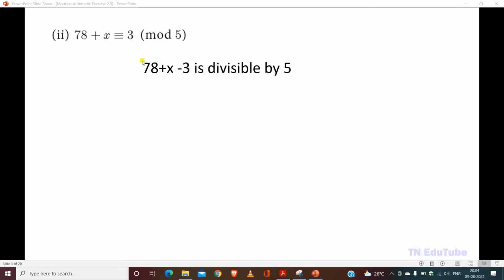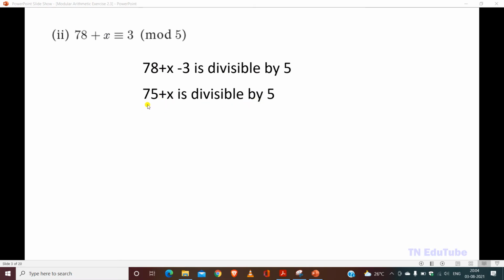The next question: 78 plus x is congruent to 3 mod 5. Here also you have to find the value of x satisfying this. When you take 3 on the left-hand side, you get 78 plus x minus 3 is divisible by 5. 78 minus 3 is 75, plus x is divisible by 5.